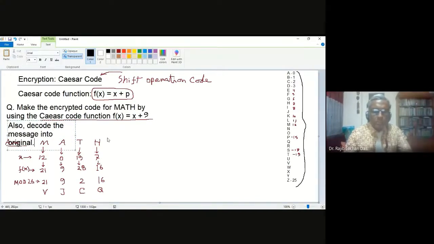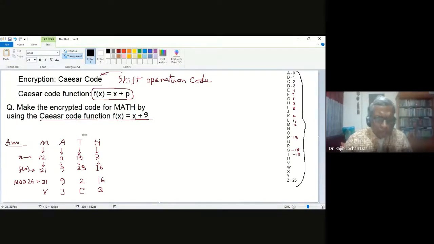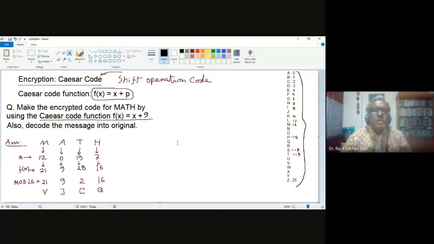Okay, so we will show now the opposite thing. So we see this is VJCQ, and we already know what function we have used, right? And now I will do the opposite thing.